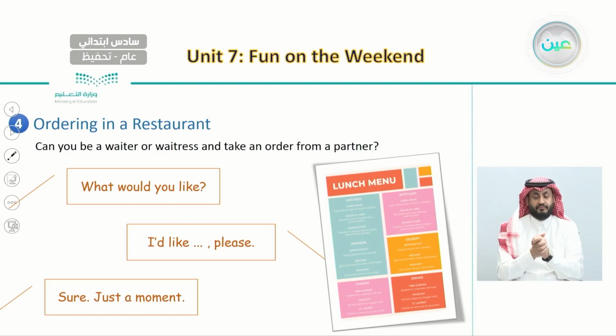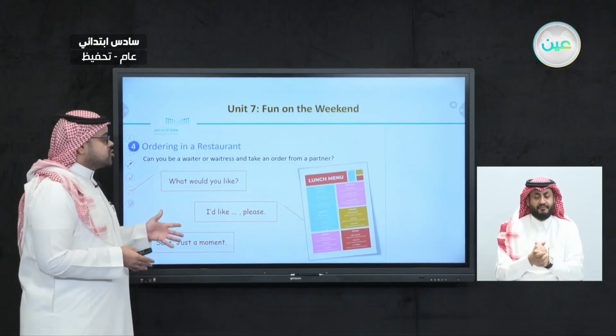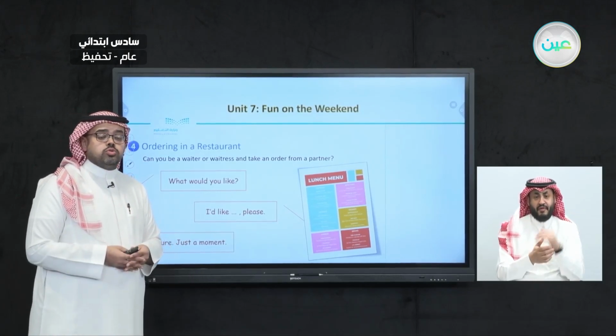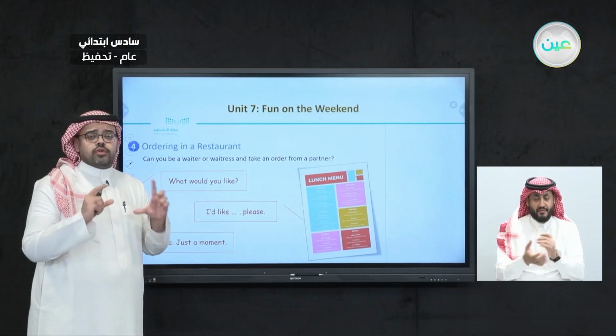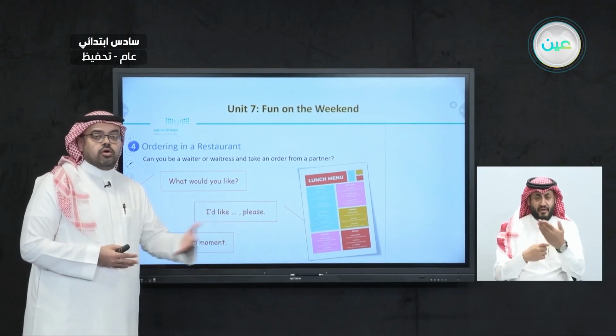Now on page 55, as you can see, and this is very important, is how to order from a restaurant. So can you be a waiter or waitress and take an order from a partner? Usually when we go to a restaurant, there are a couple of phrases that we use in order to make any order.